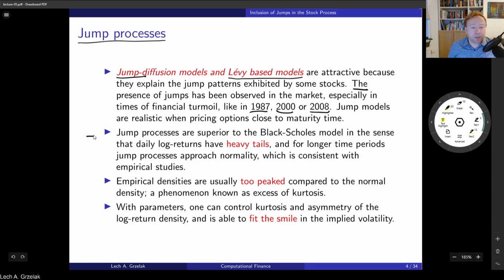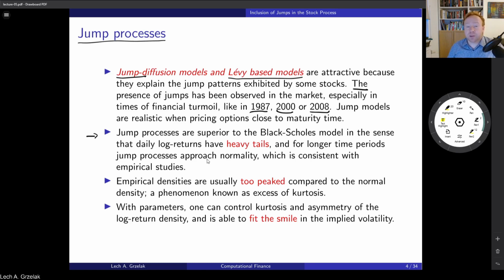Another important point is that jump processes are superior to Black-Scholes, especially if you talk about heavy tails. By inclusion of jumps, the tails are not as flat as they would be without jumps in the framework. So the assumption about the normality of returns, which is an unrealistic assumption, doesn't hold.